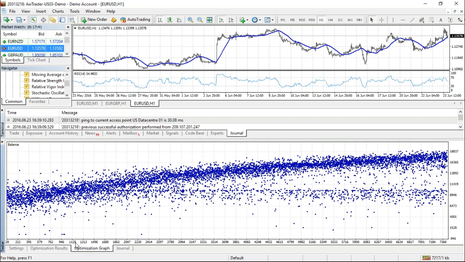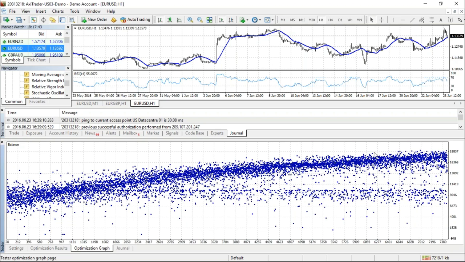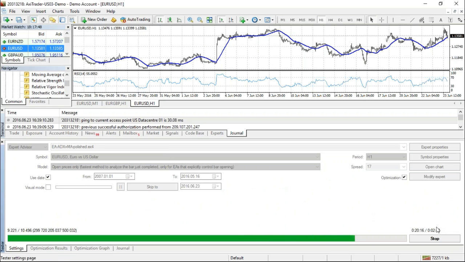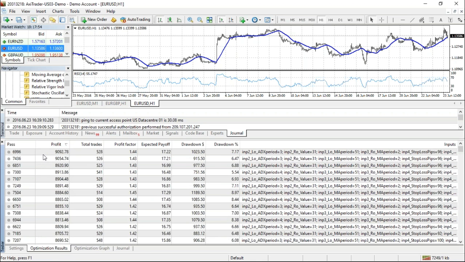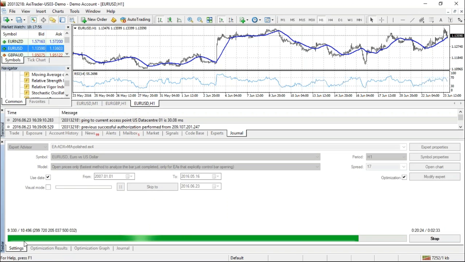If we're trending, and look at that, I just started to optimize just before the webinar on the euro dollar. It's finishing in 3 minutes. If we have a little bit of patience, it's making me okay money over the last 9 years, because we optimize over long-term periods. And this optimization takes me only 20 minutes.